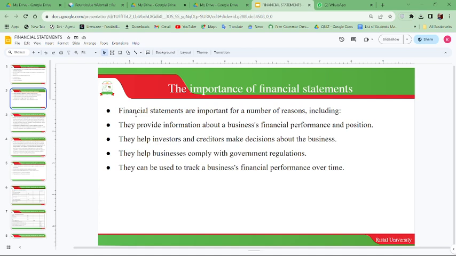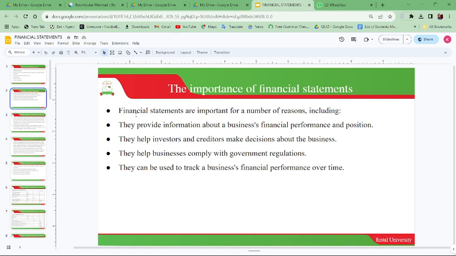They help the business comply with government regulations, by paying taxes and following the government rules. They can be used to track business financial performance over time.